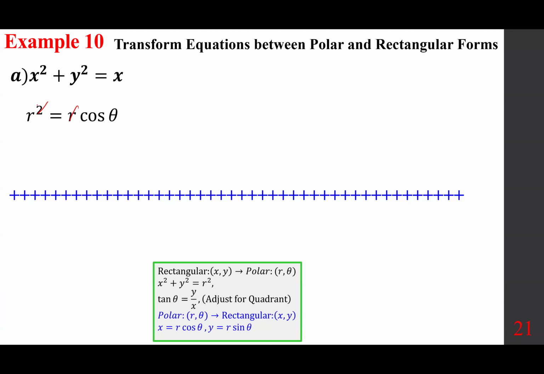Divide by r, both sides. So the left side r squared becomes r, and the right side r goes away. r equals cosine theta. In essence, r equals cosine theta represents a circle.